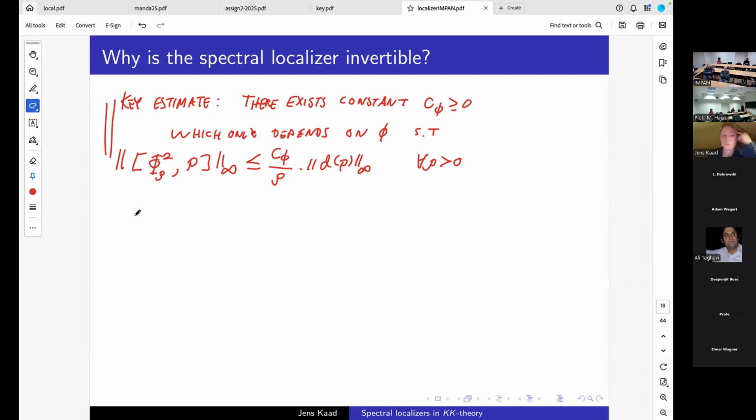The next thing you do is try to compute the square of the spectral localizer. This is also a reminder of the definition of the spectral localizer. You were compressing with phi rho the grading operator times 2p minus 1.